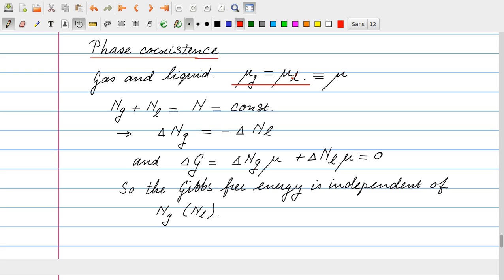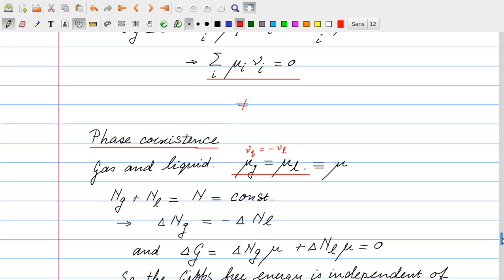So we could also say that ν_gas is in fact minus ν_liquid, and then we immediately see that this should hold in view of this relation.